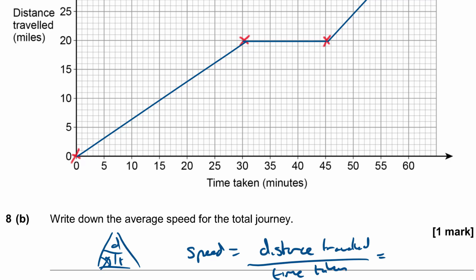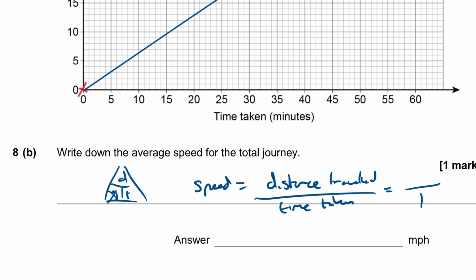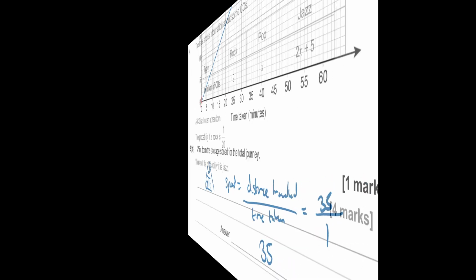So we know that she traveled for an hour, so that's going to be 1. That's going to make our dividing very easy. So how much distance did she travel then? So she started at 0 and ended up at 35. So she's traveled a total distance of 35 miles in 1 hour, giving her an average speed for the entire journey of 35 miles per hour.